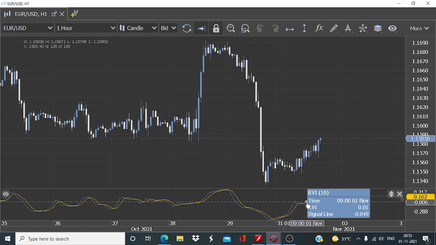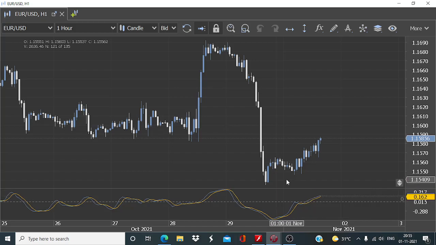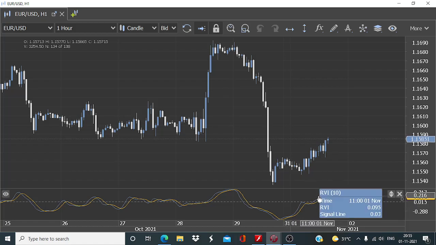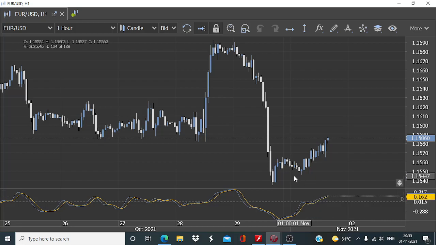And to make sure that this is the new resumption of the bearishness, we are also going to add the condition that 6 hours back the RVI output was still above zero, and also it needs to have been above the signal line. So that means in last few hours the crossover has taken place.